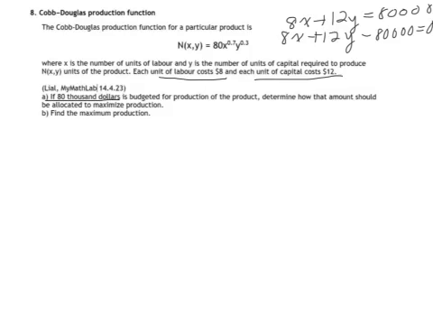So we're going to set that aside, and we're going to set up the Lagrange function, and remember that is the original function minus lambda times the constraint function. So let's set that up.